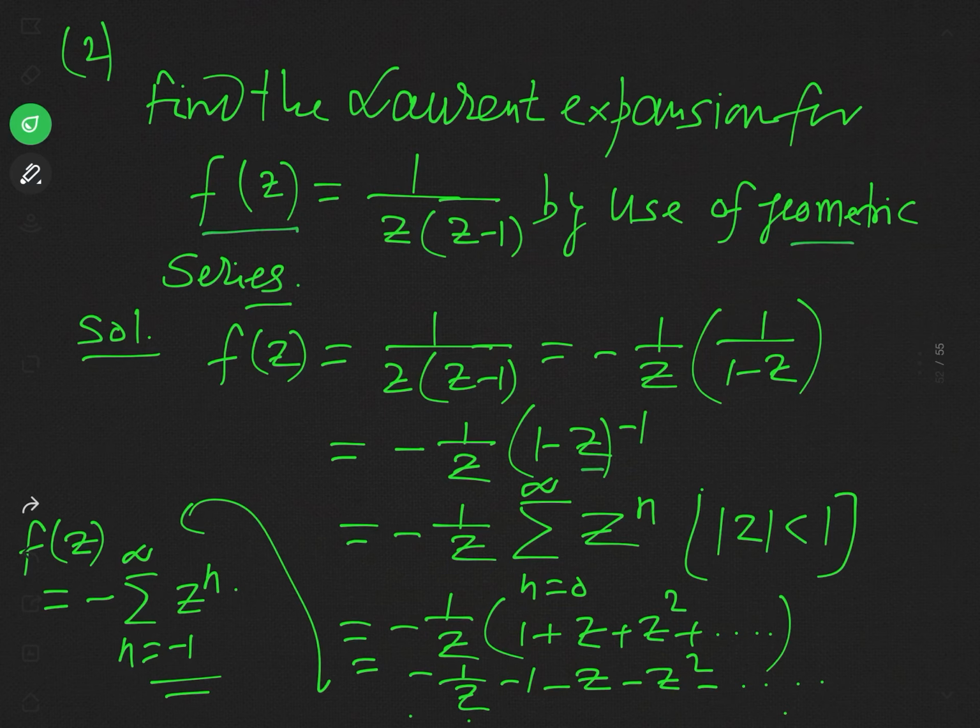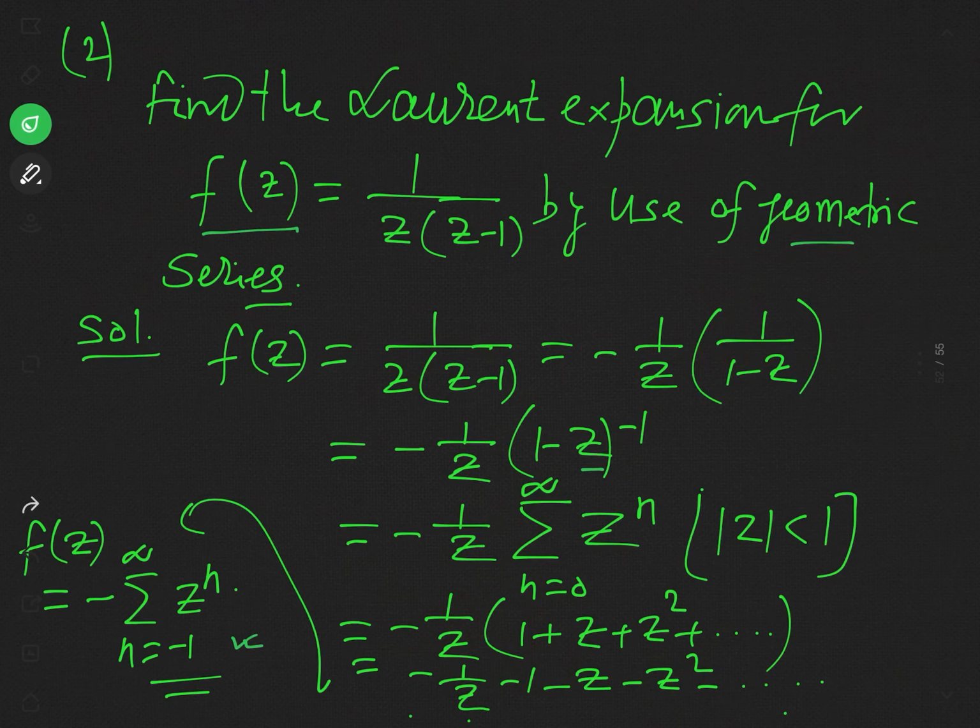This will be minus 1 by z minus 1, here z will be cancelled out, and this is minus z square. And so we can write this sum as minus summation over n from minus 1 to infinity z to the power n. You see that the expansion is the same, but this method is simpler than the first method.